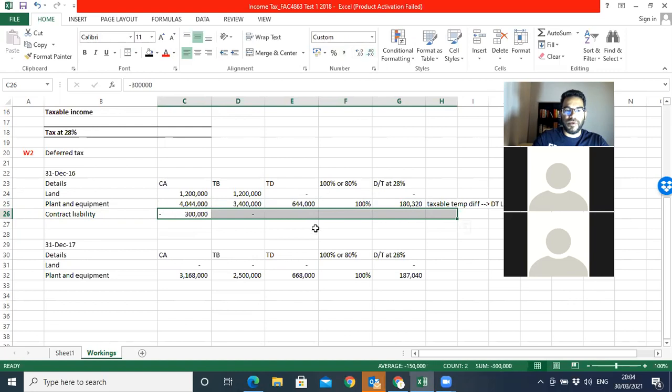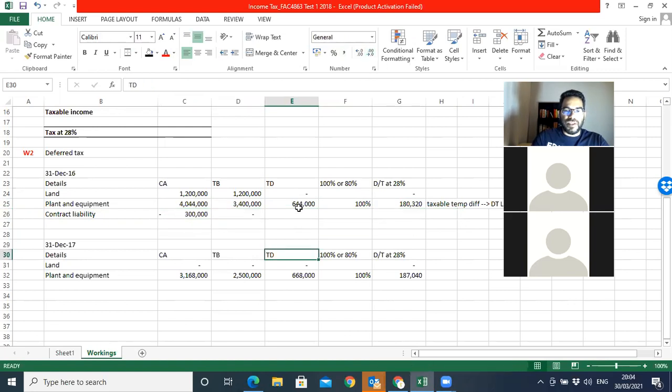Okay, so if I do that, we have a temporary difference of 300,000 Rand, and this is not a capital gains amount, so we're going to include it at 100%.